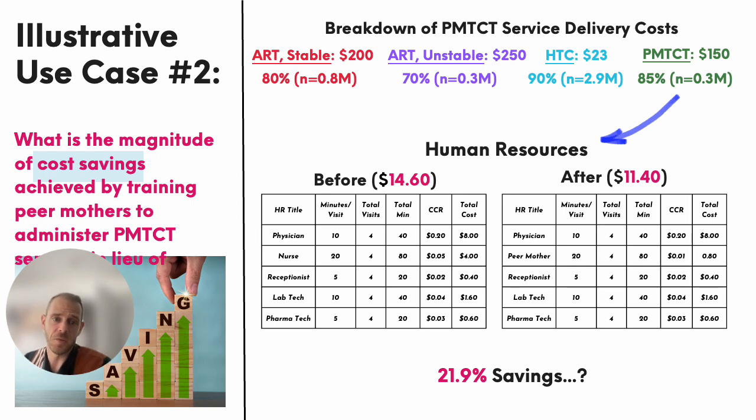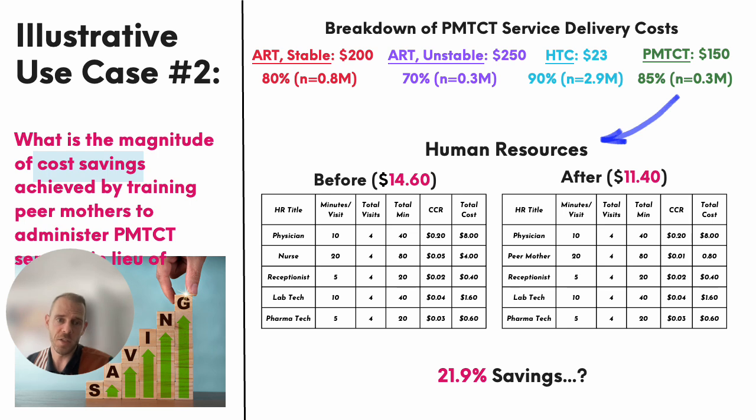The capacity cost rate of a nurse, the capacity cost rate being the cost per minute of their time, is roughly 5 cents per minute. So 5 cents per minute times 80 minutes comes out to be $4 of utilized nurse time per individual.